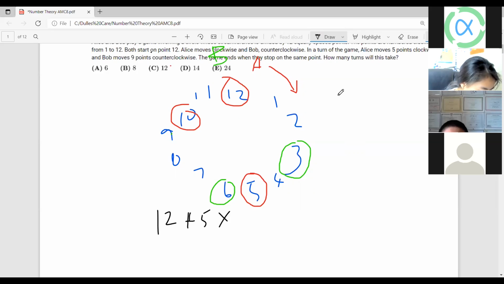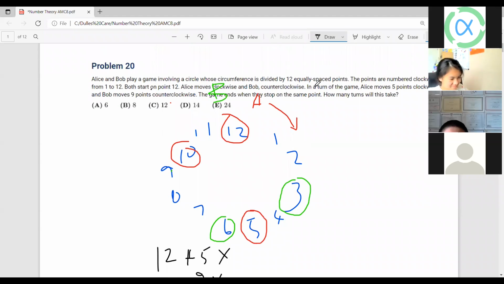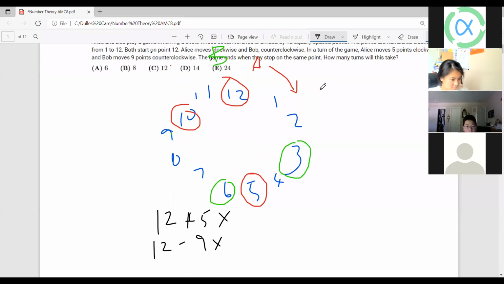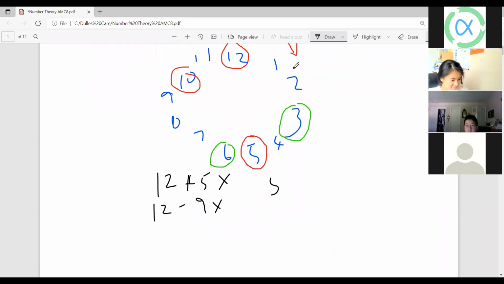And then Bob's turn is 12 minus 9x, where x is the number of turns. And then we're basically saying that at some point, 5x is equal to negative 9x plus some multiple of 12, plus 12 times n.